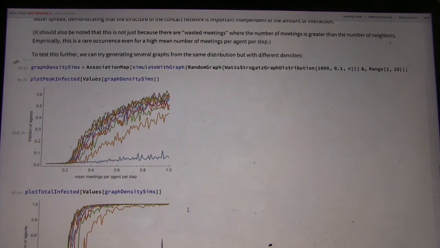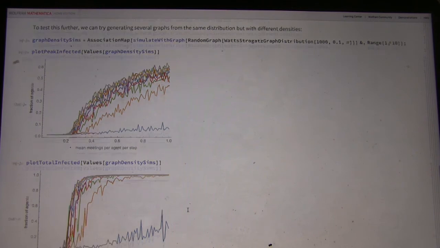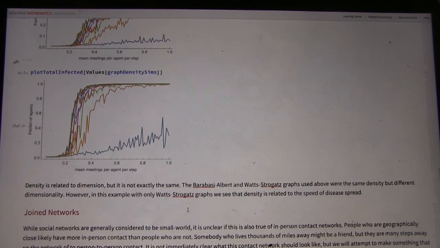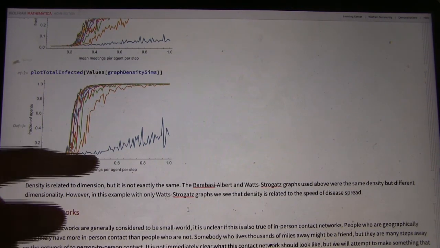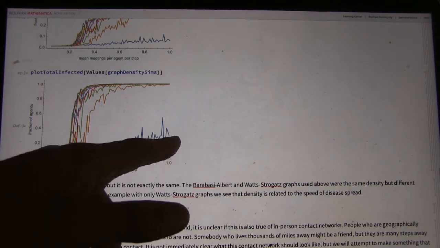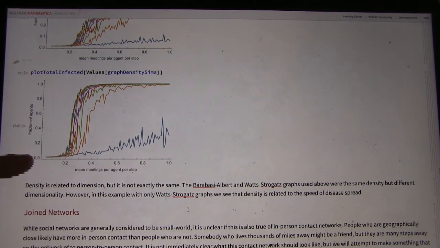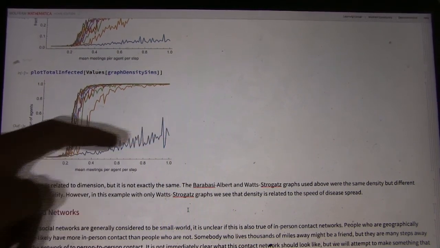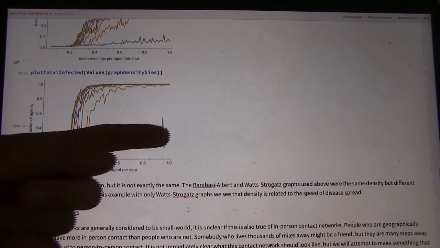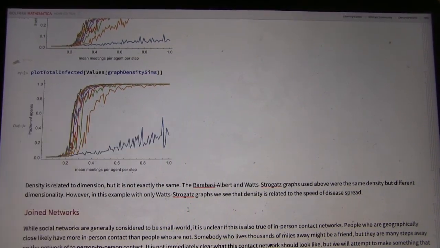But what's interesting here is the behavior changes. In total infected, you can see that at I think the lowest density here, you can actually stop this behavior from happening, because it doesn't infect the whole population, it only infects a small number of the population, which is kind of interesting.